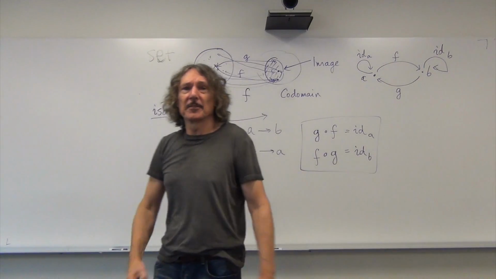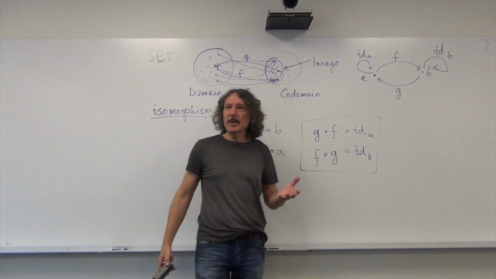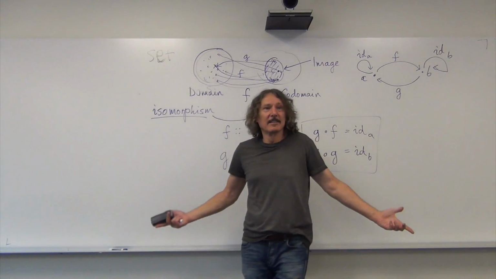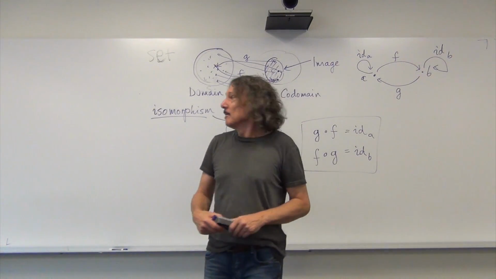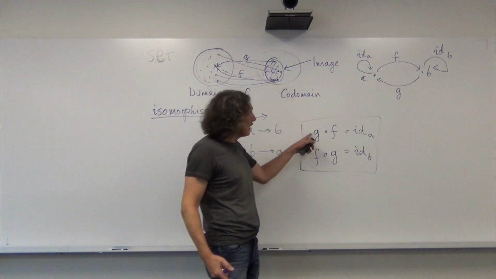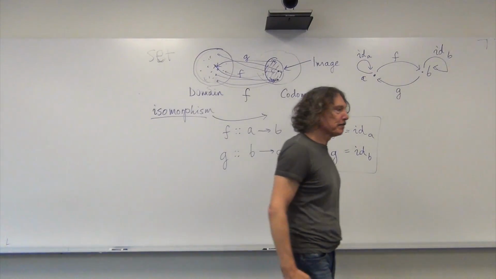Not only in category of sets, in any category. Because it's expressed in terms of composition and identity, nothing else. Right? So F is an isomorphism if there exists a G with these properties. Okay?